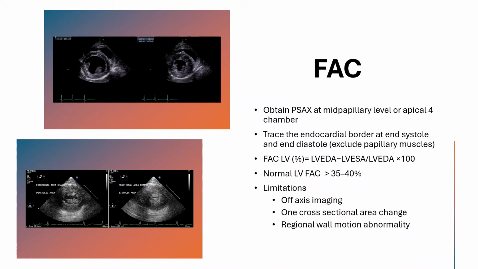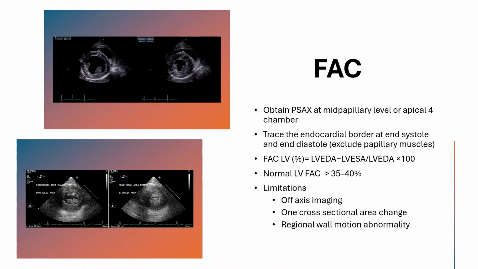The formula is very similar to fractional shortening, except for diameter, we have area here. So normal parameters for LV fractional area change are 35 to 40%. Limitations are important to remember, which include off-axis imaging.